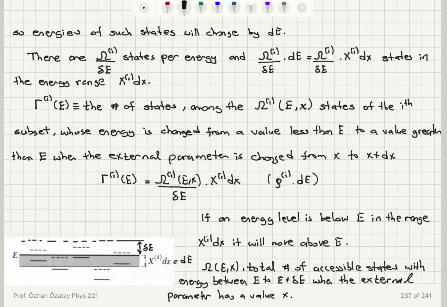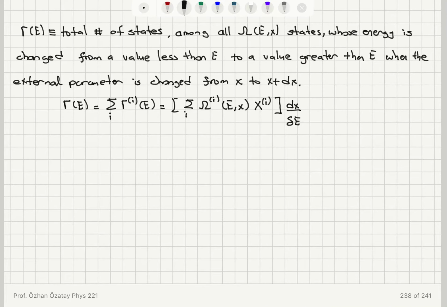So for gamma I have substituted this expression. It's the number of states per energy, omega I divided by delta E, whose response is xi, multiplied by xi dx dE. So it's the number of states entering this region, and now I'm calculating the contribution from all xr values.